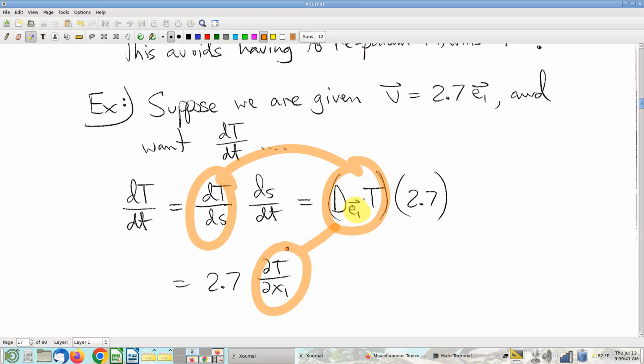Let me say that backwards: all partial derivatives are directional derivatives. They're just directional derivatives in the direction parallel to a coordinate axis. Well, these are the world's easiest derivatives to compute, right?